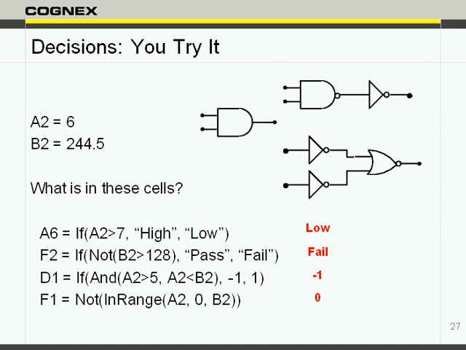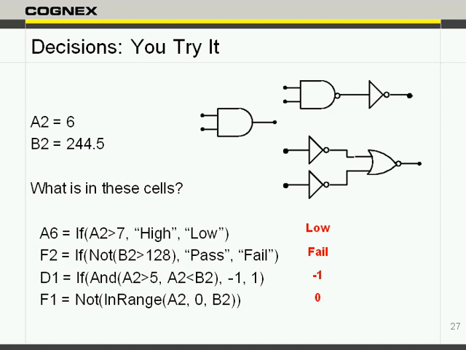Then A2 is less than B2. A2 is 6. B2 is 244. So is 6 less than 244? Yes. So both of those conditions are true. The result of our and statement is true. So now if we look at our if statement, if true, minus 1. So the result would be minus 1. Correct.